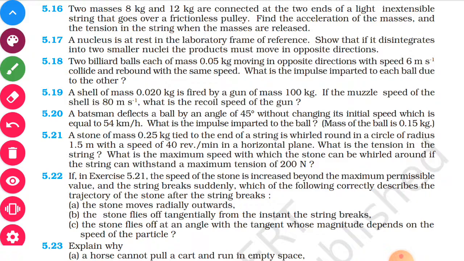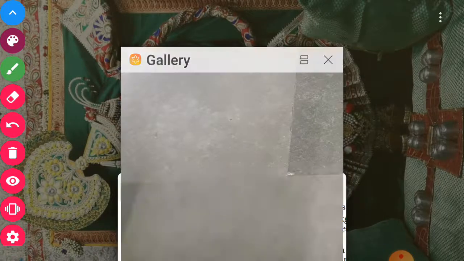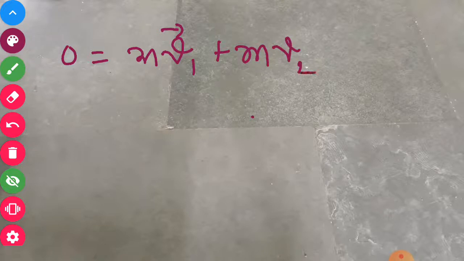See, initially the gun and the bullet both were at rest, so the initial momentum of the system is 0, and the final momentum is nothing but m1v1, say v1 is the muzzle speed of the shell, plus m2v2, where v2 is the velocity of the gun. It is in the opposite direction, and we want to find out v2.